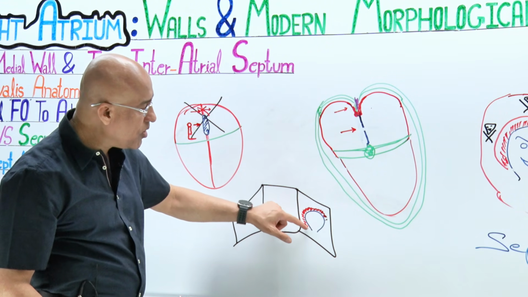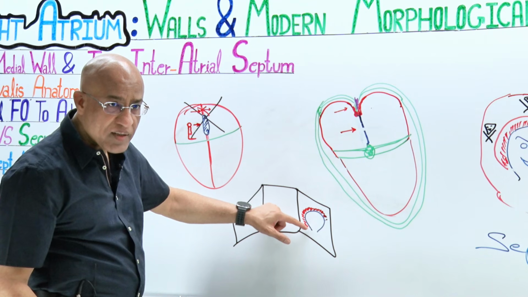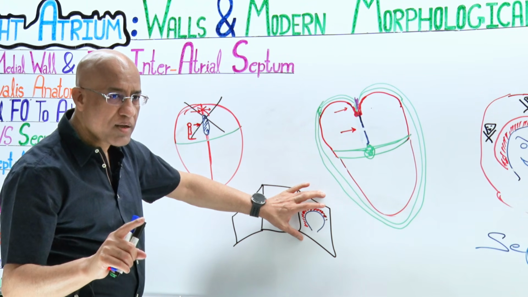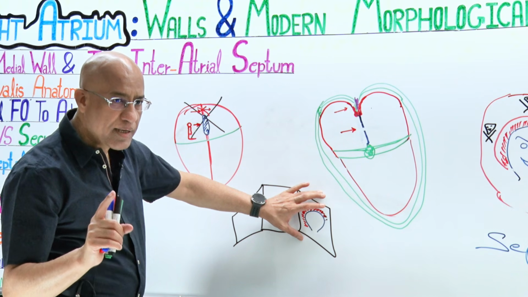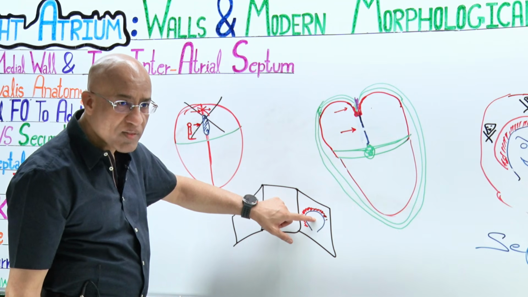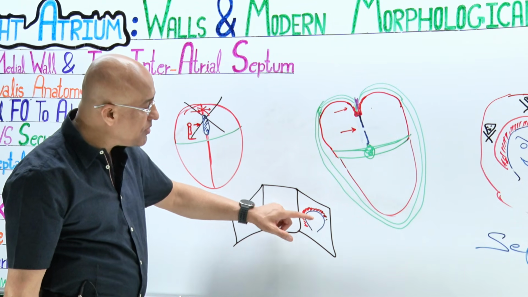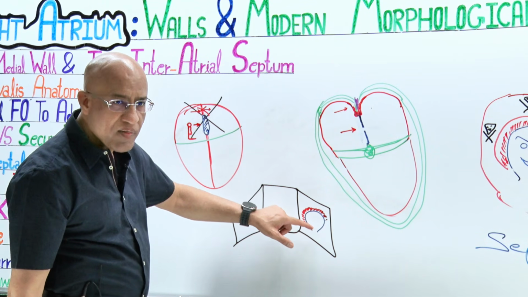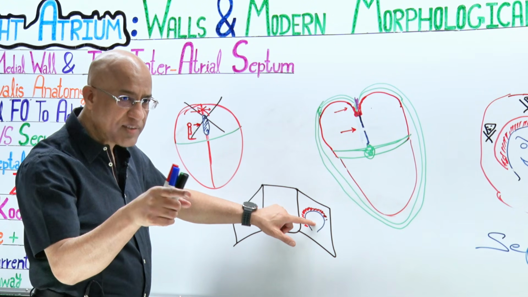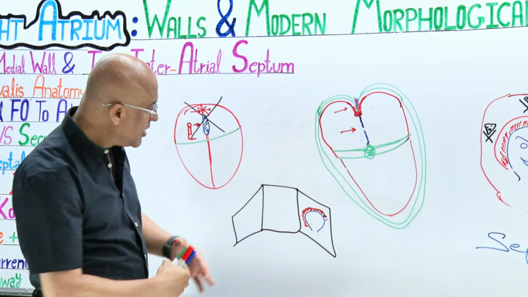Basically, I meant fossa ovalis, because right now we are talking about the adult right atrium medial wall, and this is fossa ovalis, right? In fetal life, there was an opening here, and that was called foramen ovale. We will discuss that within a few minutes.